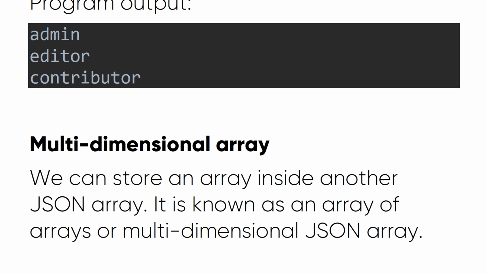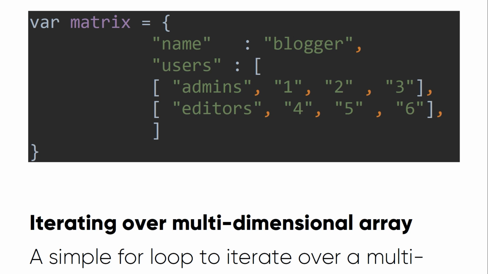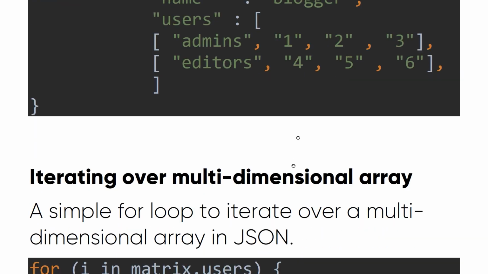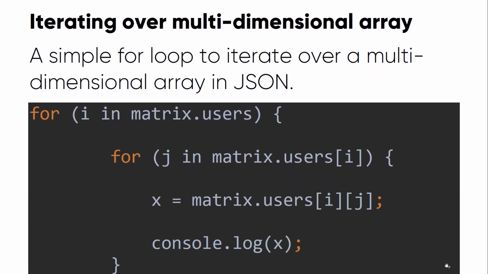Multi-dimensional array. We came to the multi-dimensional array, so we can store an array inside another array. It's known as an array of arrays or a multi-dimensional JSON array. This is an example, and this is the JSON object with a key and a value, which is an array. And inside the array, there is array 1 and array 2. So this is an array of arrays. Iterating over a multi-dimensional array is the same concept in Java or C++.